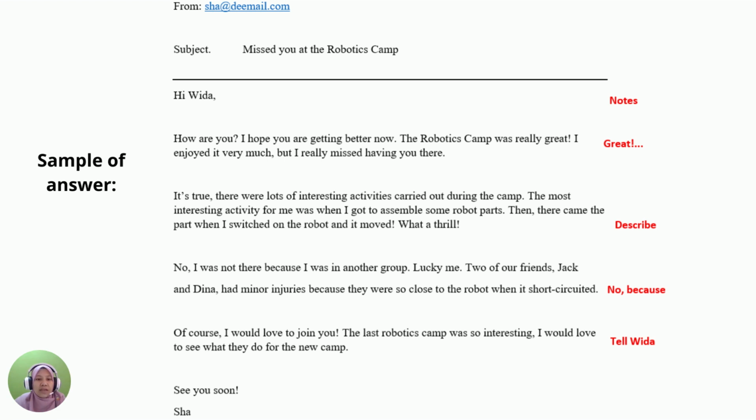No, I was not there because I was in another group. Lucky me, two of our friends, Jack and Dina, had minor injuries because they were so close to the robot when it short-circuited. Yes, of course, I would love to join you. The last robotics camp was so interesting.